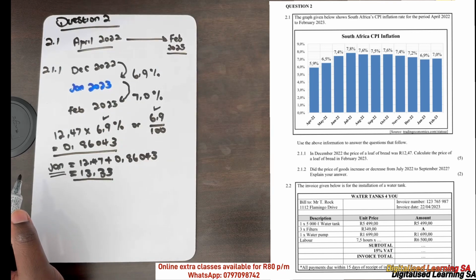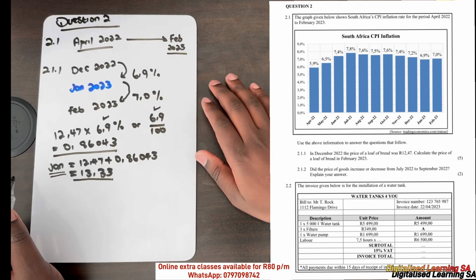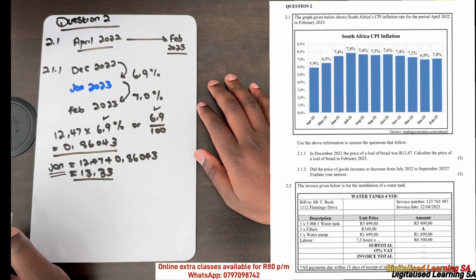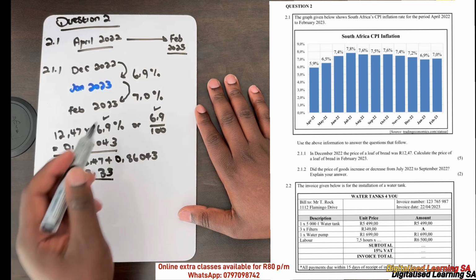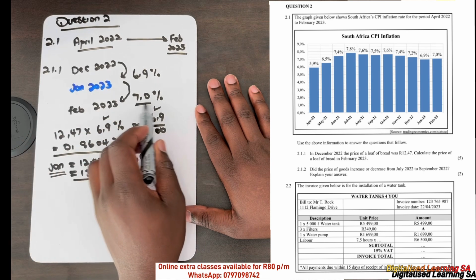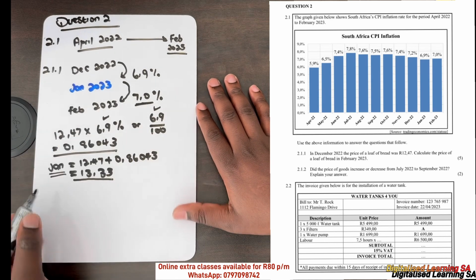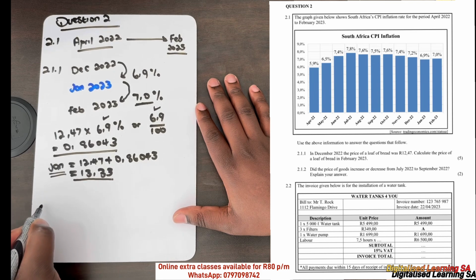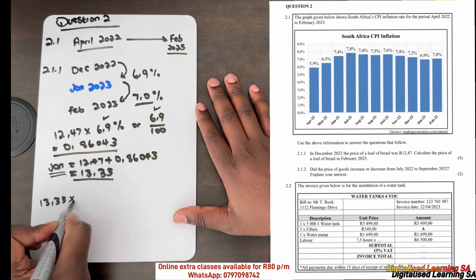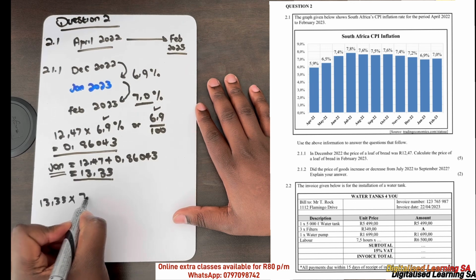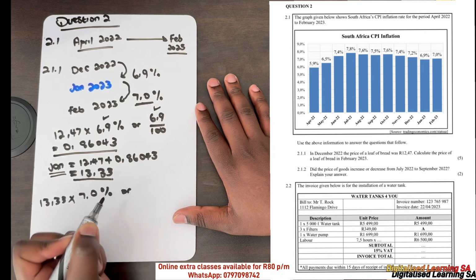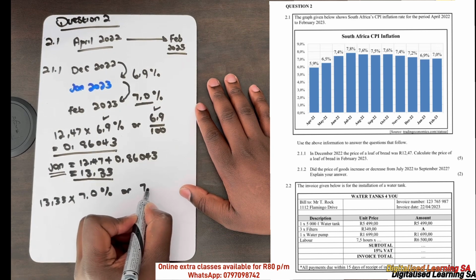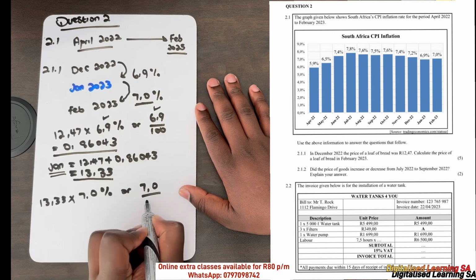Okay, and then we do the same thing to get the price of bread in February. So we take the price of bread in January and then check for the percentage increase of 7%. So we'll say 13.33 multiplied by 7.0%, or 7.0 over 100.